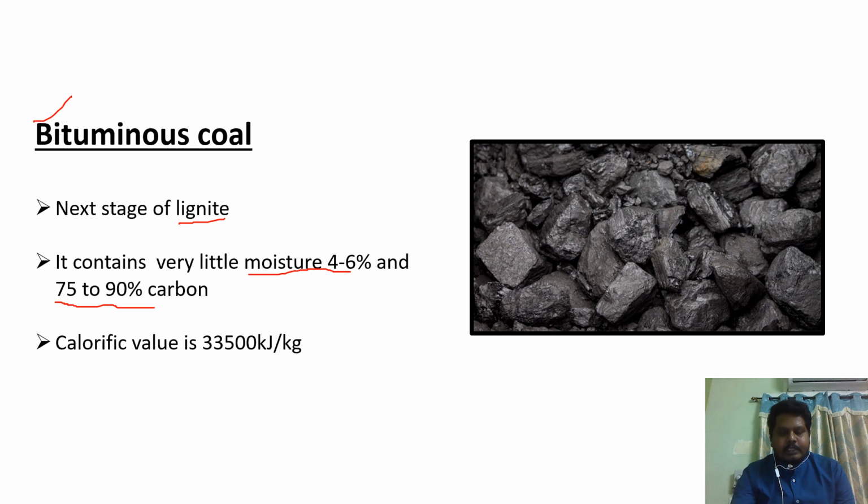And also you can see here the calorific value is 33,500 kilojoule per kg, which means it can release 33,500 kilojoule energy by burning 1 kg of the bituminous coal. Here in this figure you can see bituminous coal.